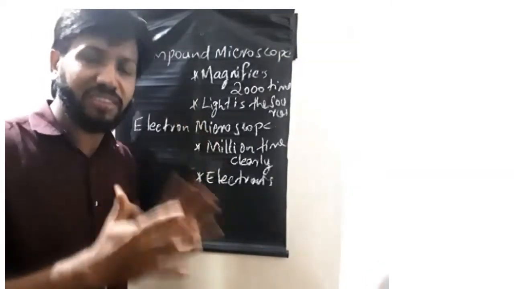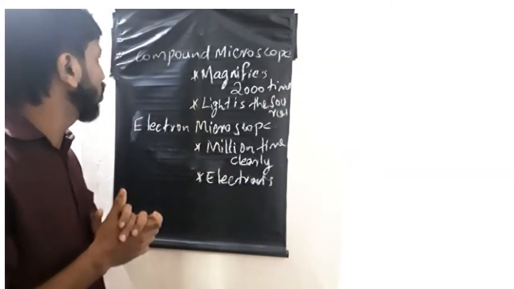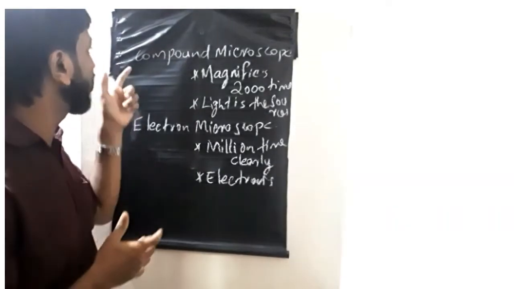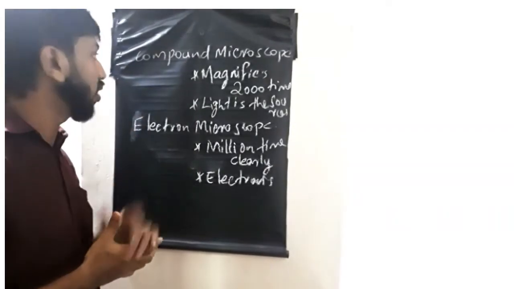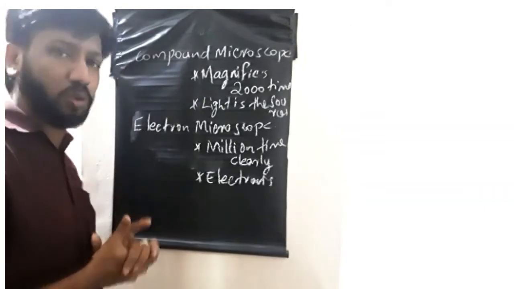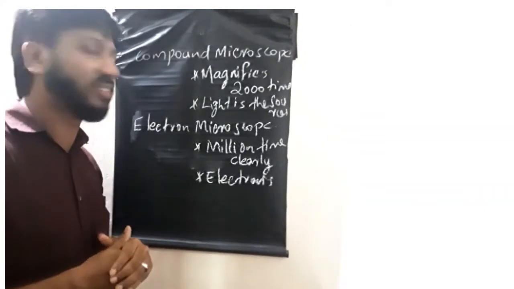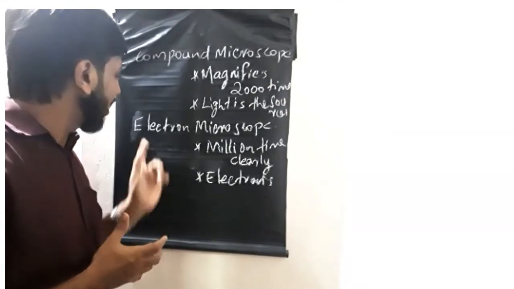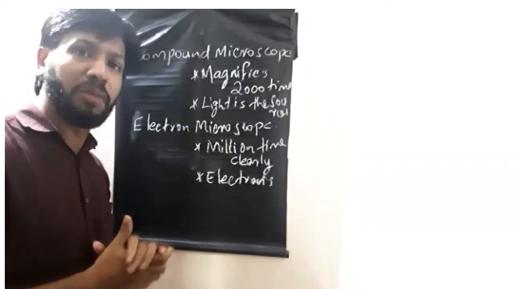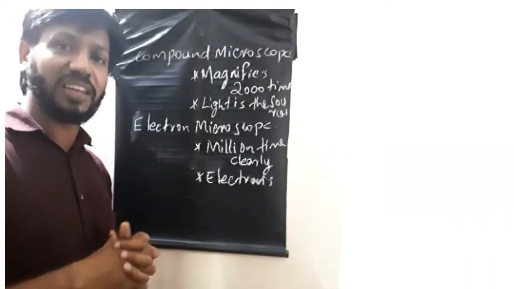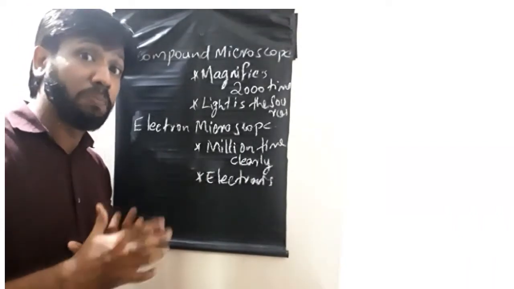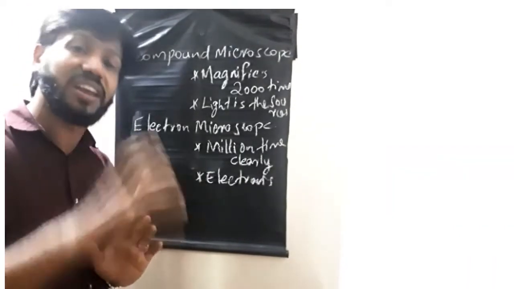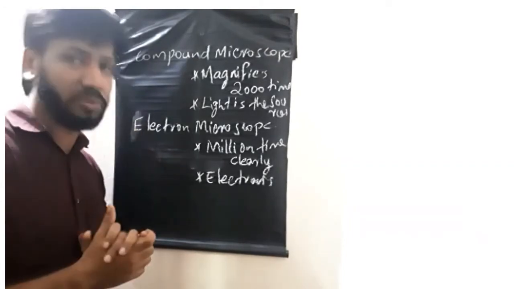From these, we are mainly using two types of microscopes. We are using compound microscope in school labs. You can see electronic microscope in big laboratories, where they use it for a better, clearer understanding of the microscopic object.